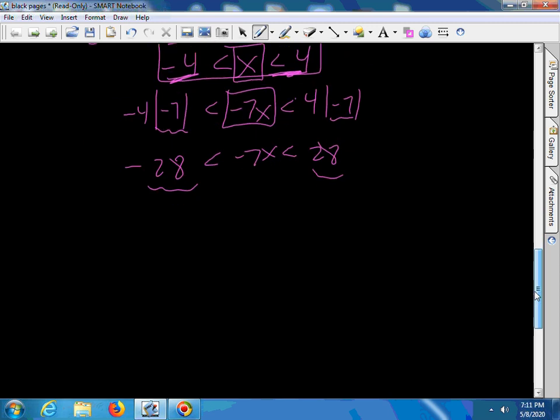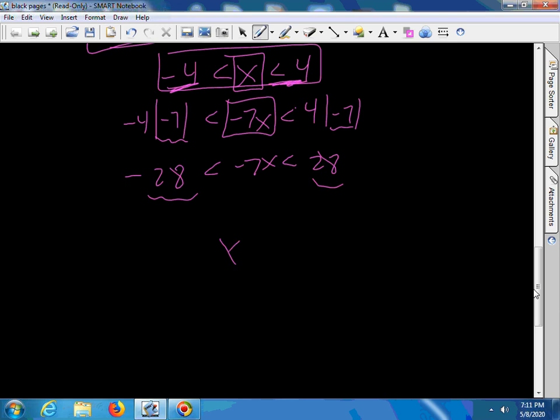So basically what happened is, if you know that x is between these two numbers, and you multiply the middle by negative 7, you can multiply the outsides by 7.